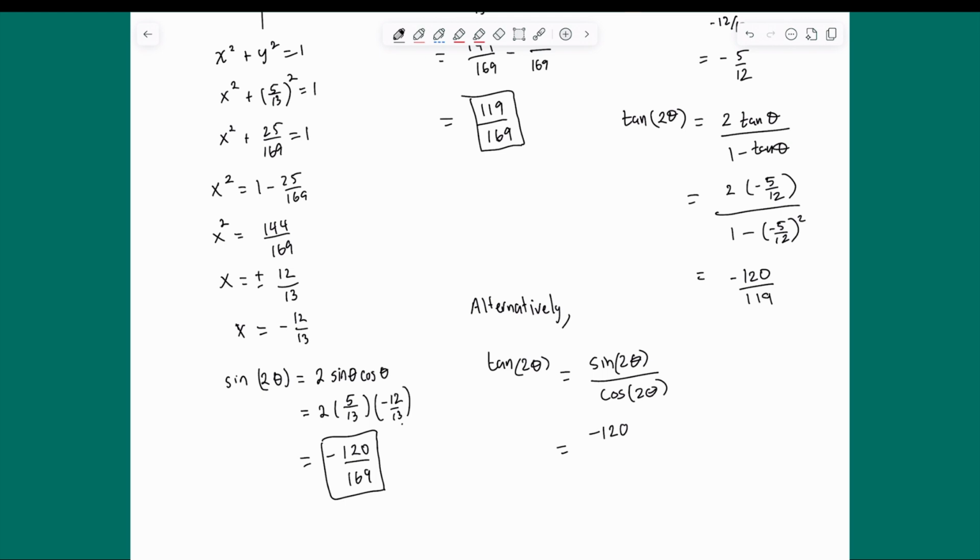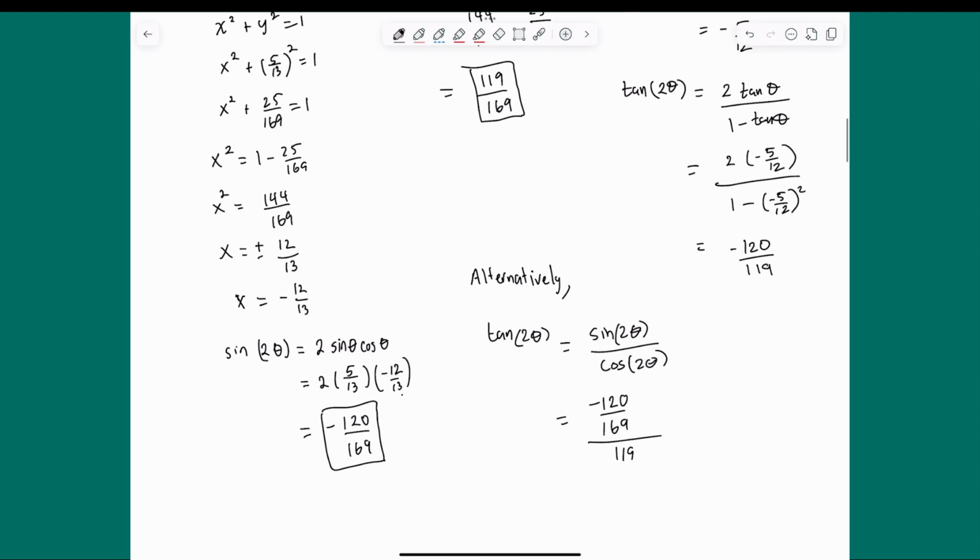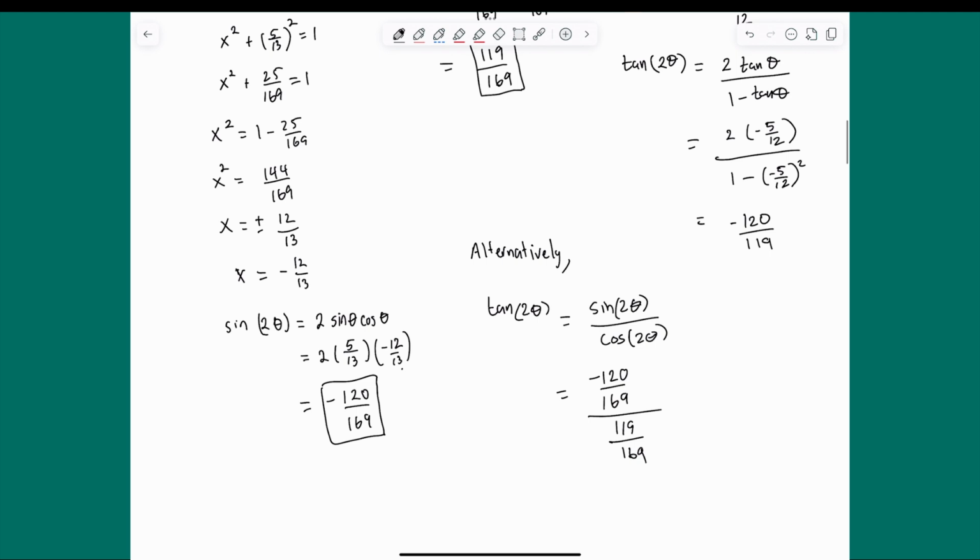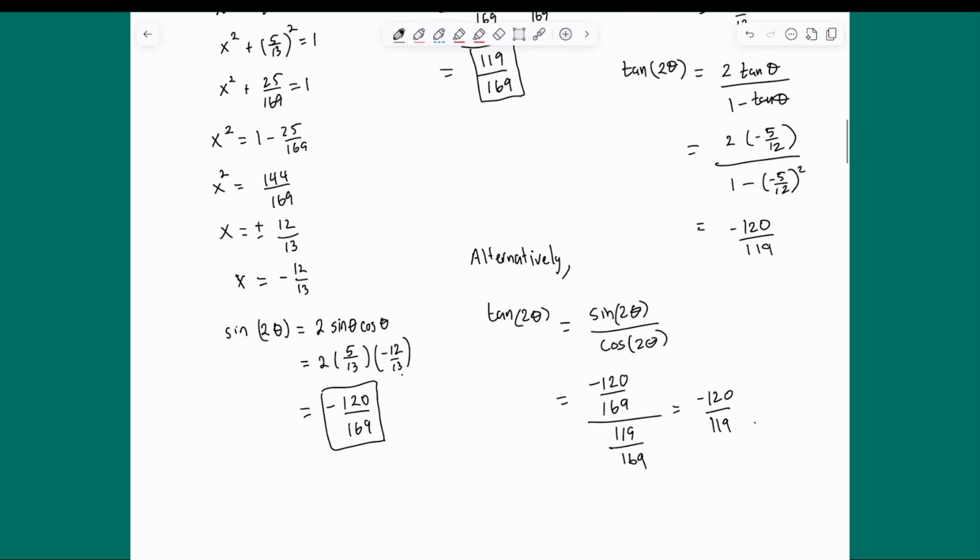So we have negative 120 over 169, divided by 119 over 169. When we keep the first fraction the same and multiply by the reciprocal, we're left with negative 120 over 119, just like we got in the other formula above. So quicker is just to use the quotient identity instead of the double angle formula, especially if you know sine and cosine of the particular angle.